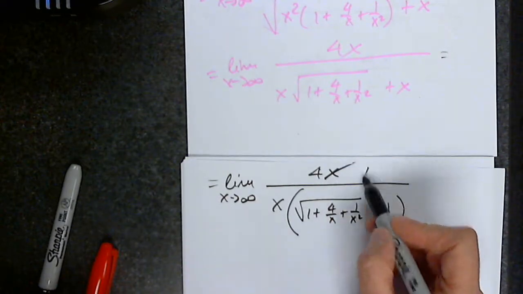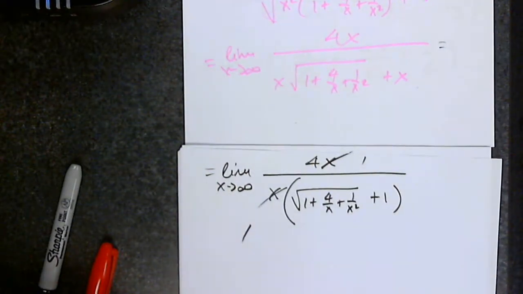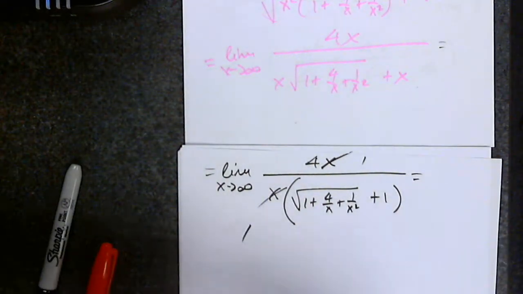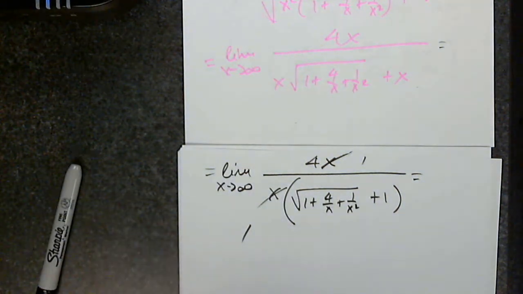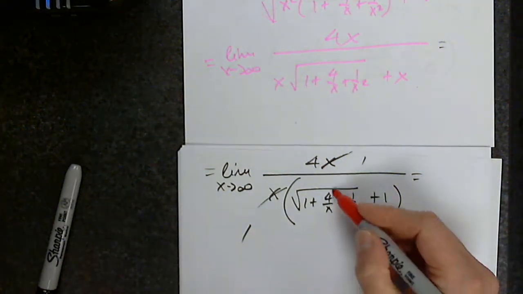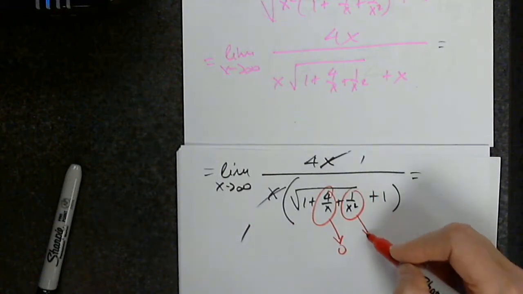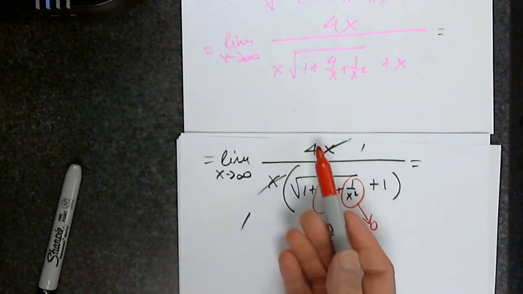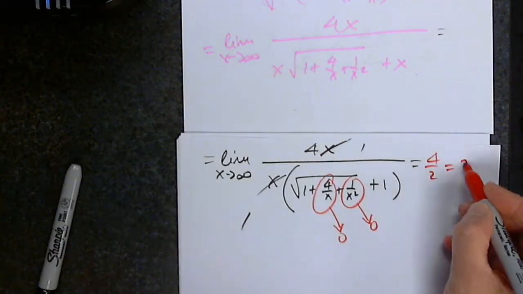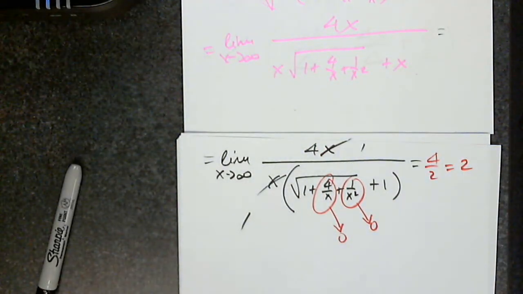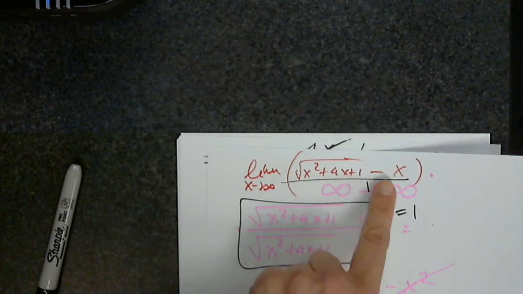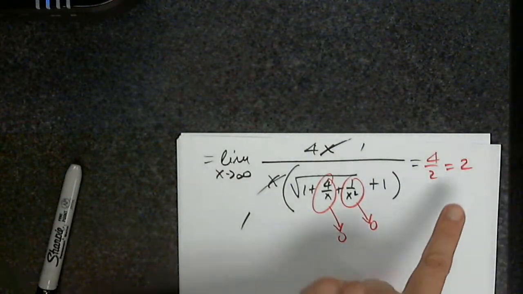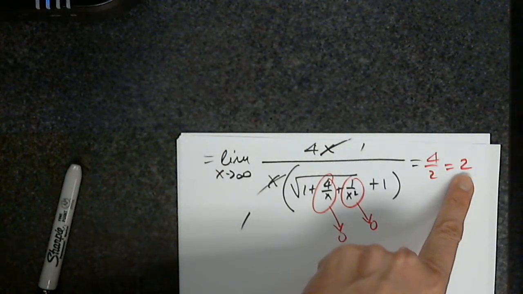We simplify the x. As x approaches infinity, 4 over x approaches 0, 1 over x squared approaches 0, and the square root approaches 1. 1 plus 1 is 2, and 4 divided by 2 is 2. So this function has a horizontal asymptote at infinity, y equals 2.